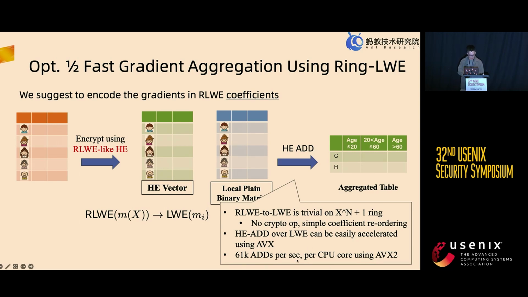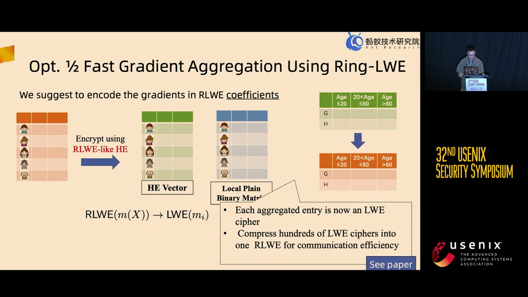We can do 61K LWE additions per second per CPU core. We also propose a method to compress the result, because the encrypted table may consist of hundreds of LWE ciphertexts. We compress all of them to further reduce the communication. For the details, just refer to the paper.